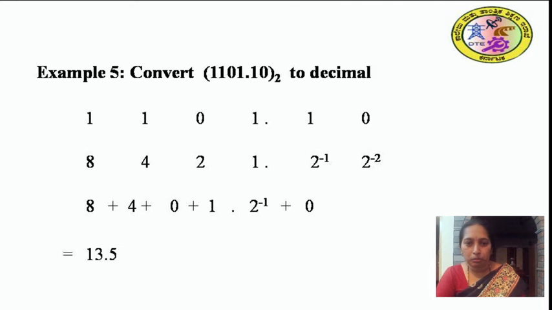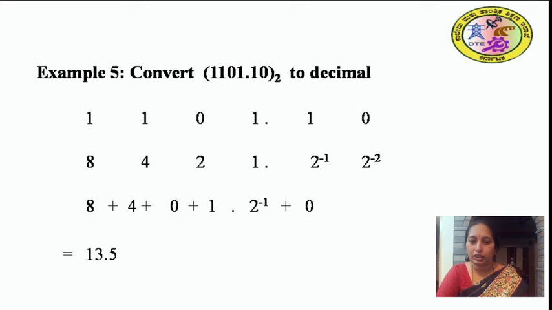Let's take another example. Here the integer part has 4 bits, so the weights range from 2 to the power 0 to 2 to the power 3, and in the fraction part I have only 2 bits, so the weights are 2 to the power minus 1 and minus 2. If I add the weights of the binary bits that are 1, 8 plus 4 plus 1, that is 13.